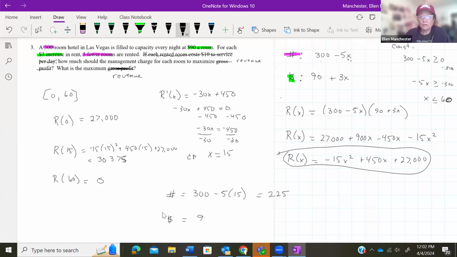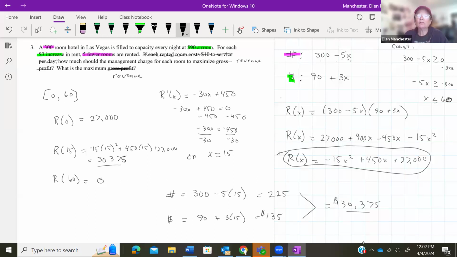And we can charge 90 plus 3 times 15. So $135. Okay, now if I do 135 times 225, when you multiply these, you get 30,375. Okay, so we know that these two numbers are correct.